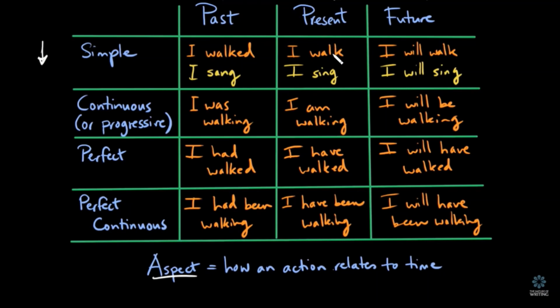But if you're looking at the present simple here, I walk, if you're just talking about what you're doing right now, you would actually say I am walking. That's what's happening right now. So you don't say I walk.